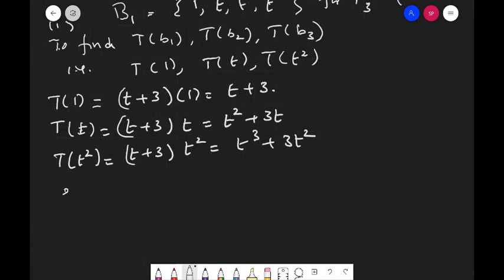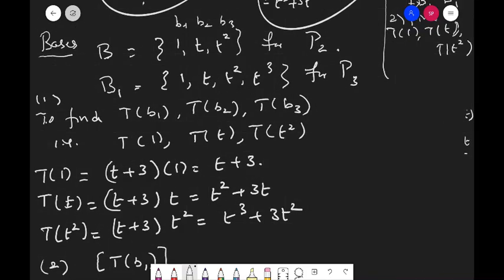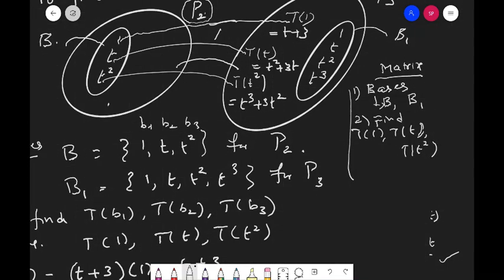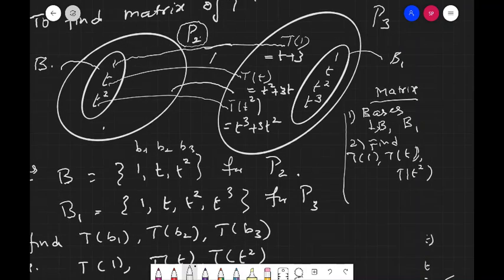In finding the matrix, the second step is finding the coordinate vectors of T of B1 with respect to what basis? T of B1 will be in P3. So with respect to the basis B1, right?